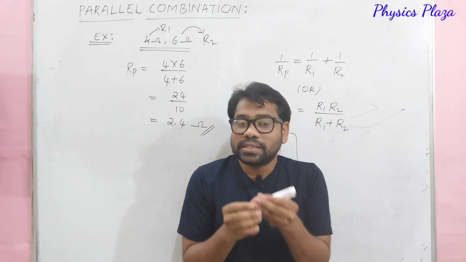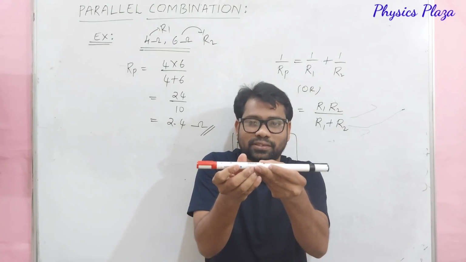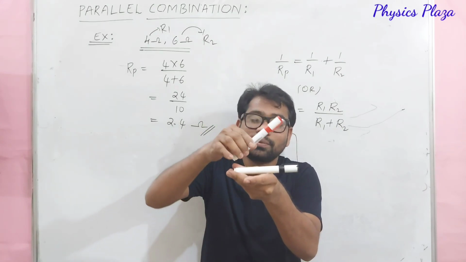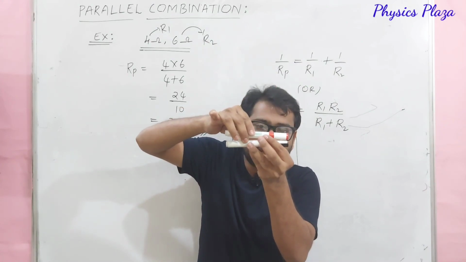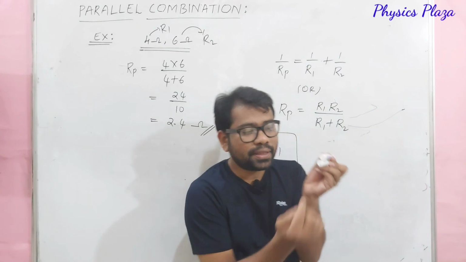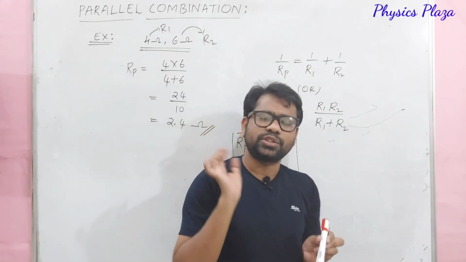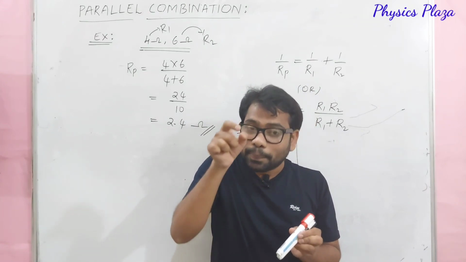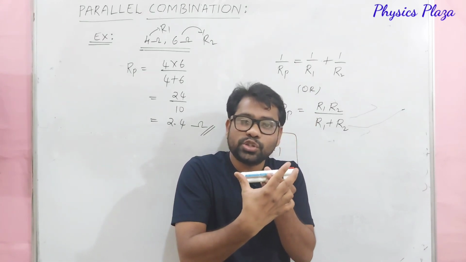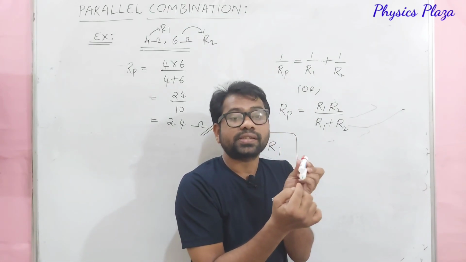Children, series combination means keeping one after another like this. But in parallel combination, don't you think we are putting them side by side, so that there is no change in length? But the effective area of cross section is increasing. Children, it's very, very important. So in a parallel combination, as there is no change in length, rather the area of cross section is increasing.